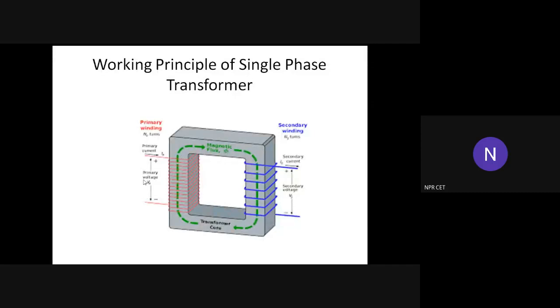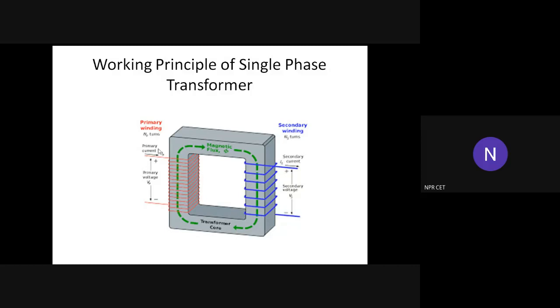AC supply voltage is given to the primary winding, and current flows through the primary winding. This current causes the magnetic flux, a flux set up by the primary winding. This current is known as the exciting current.